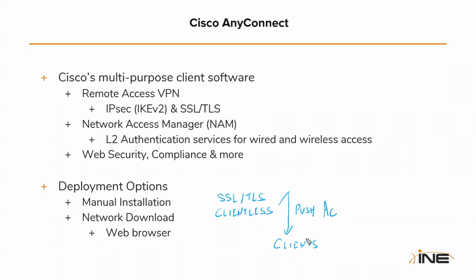What it means is that people will have to connect to the headend using just a browser. And this is what they will do during the first connection. They will specify the FQDN of the VPN headend, or maybe its IP address, and then the ASA or any other device that supports this solution is going to push AnyConnect to the connecting client.